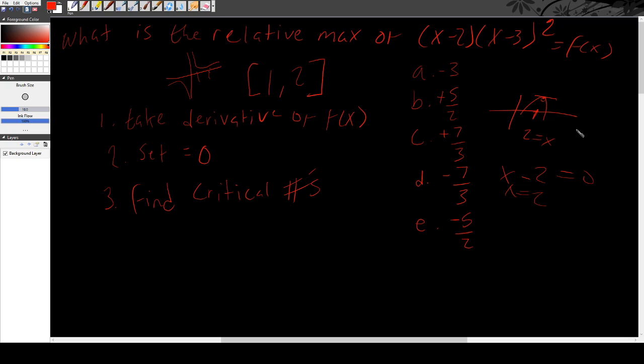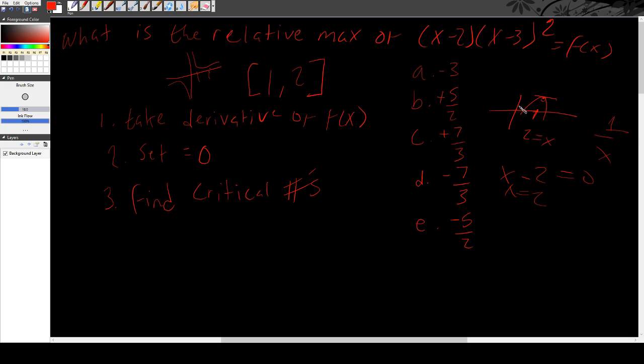There is some weird stuff, like if it's on the edge of your interval, does it count? If it makes your function, like 1 over x, undefined at 0, can 0 be a critical number?